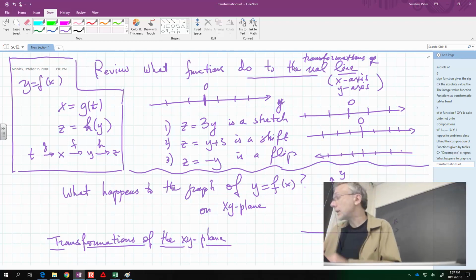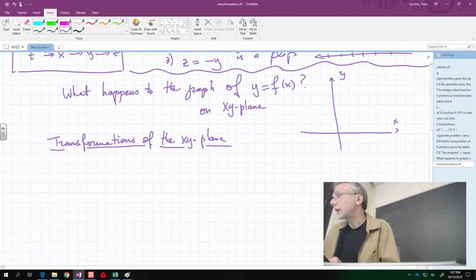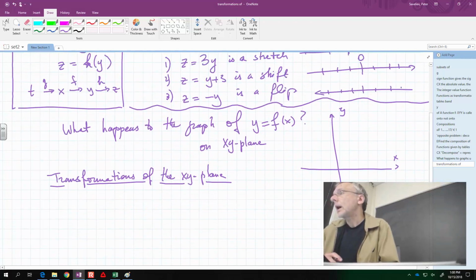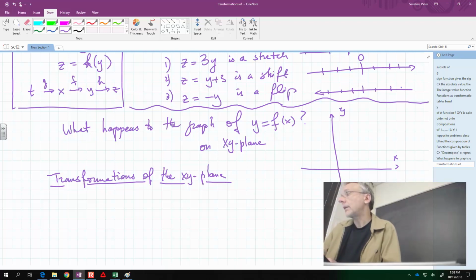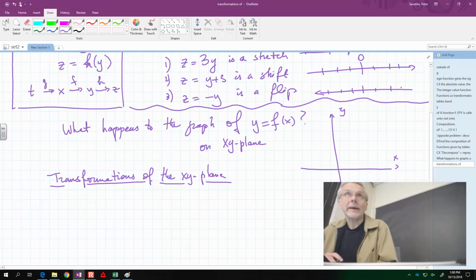If you just look at the description, it is very feasible. Suppose I stretch the x-axis, the x-axis that lies on the xy plane.